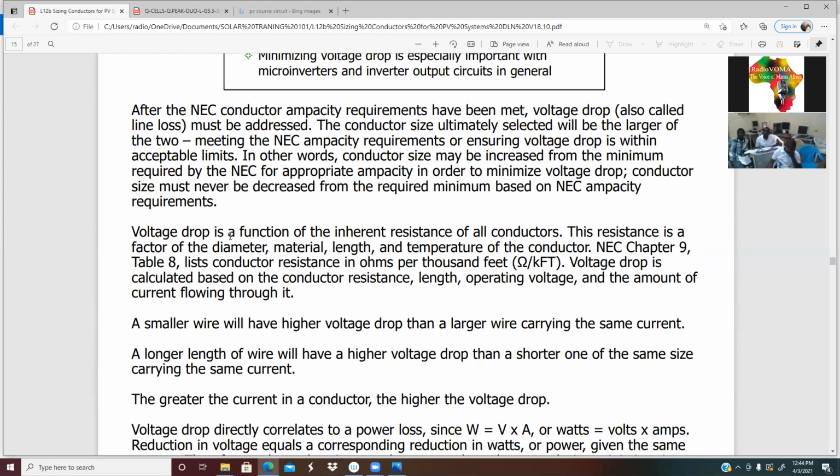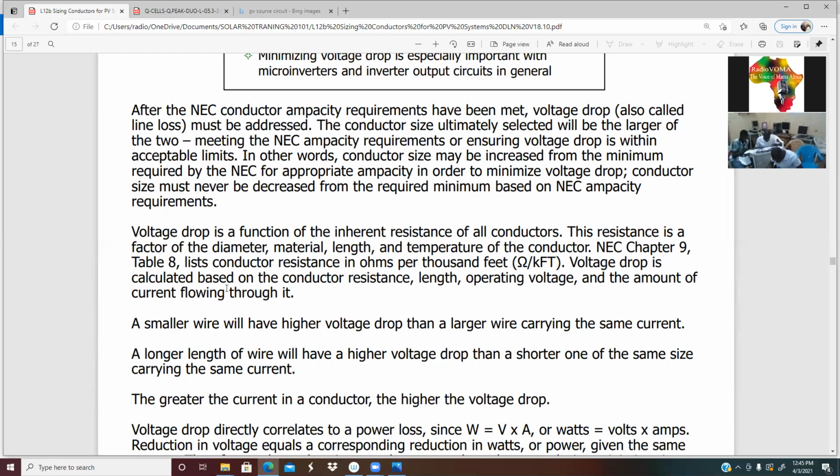So they said voltage drop is a function. I want somebody to read this from their material. Voltage drop is a function of the inherent resistance of all conductors. This resistance is a factor of the diameter, material, length, and temperature of the conductor. NEC Chapter 9, Table 8, gives the conductor resistance in ohms per 1,000 feet.